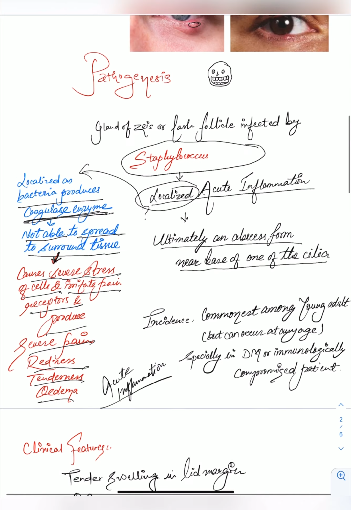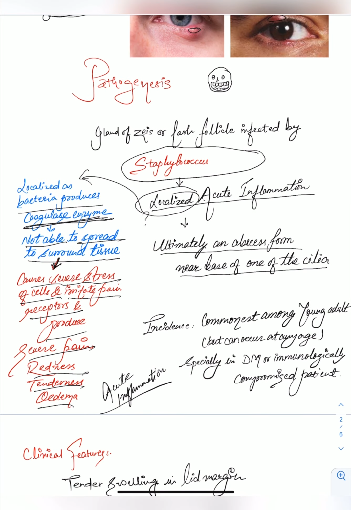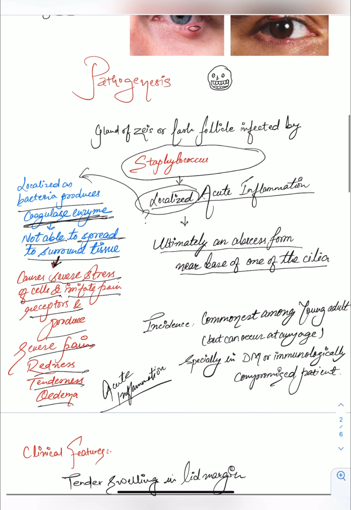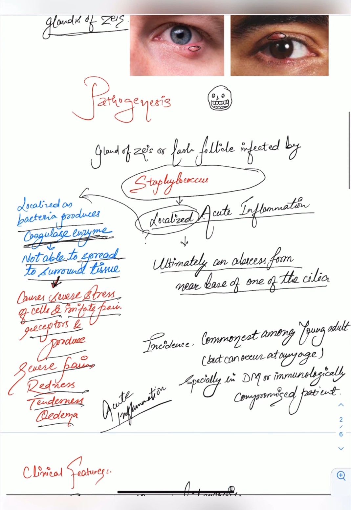So this is the pathogenesis of the Stye. From this pathogenesis, we can know about the whole disease. So pathogenesis needs to be understood.